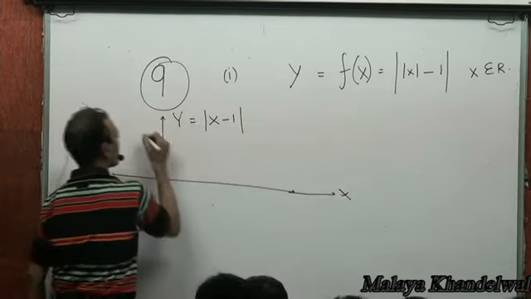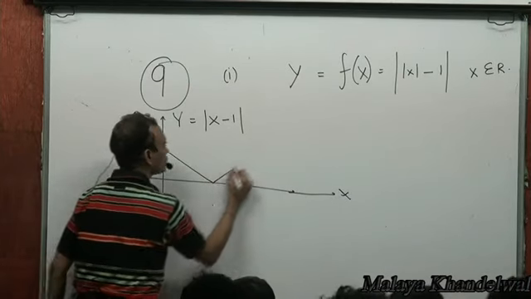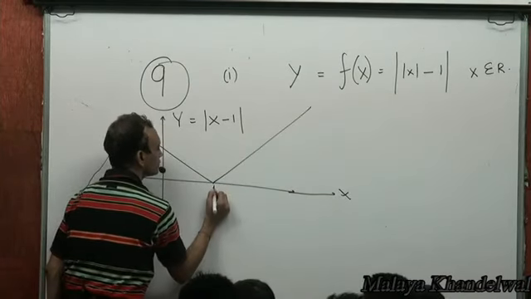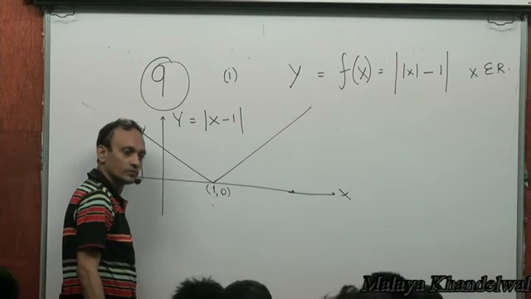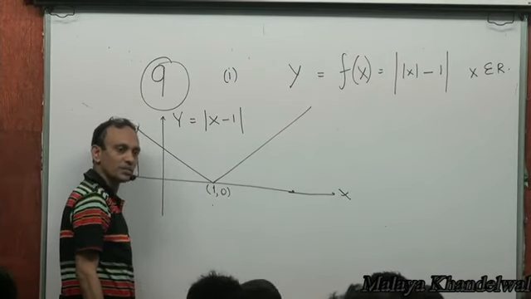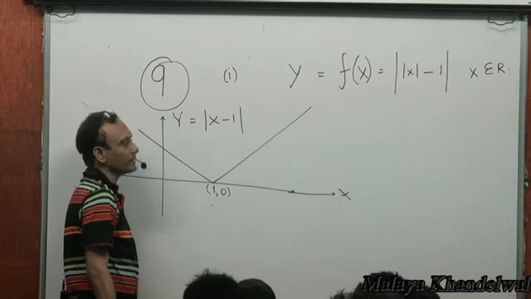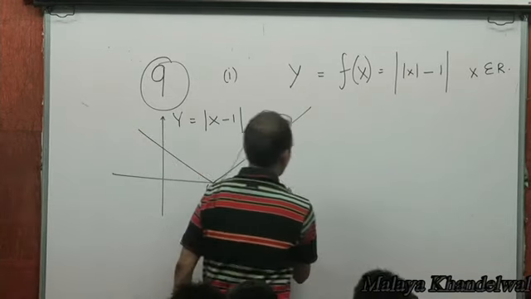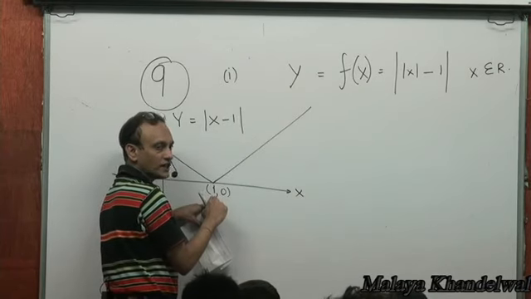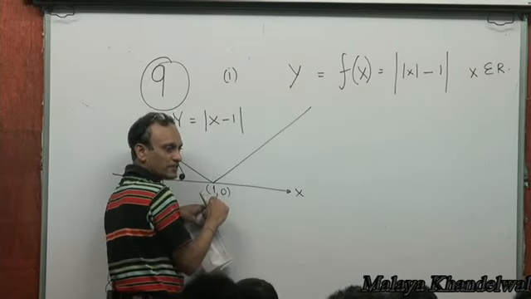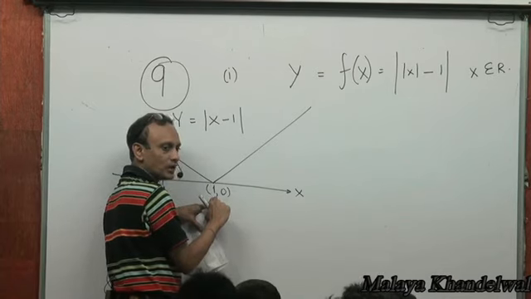This is the graph of y equal to mod of x minus a in general. Mod of x minus a would have a transition at x equal to a. Mod of x minus 1 has a transition at x equal to 1.